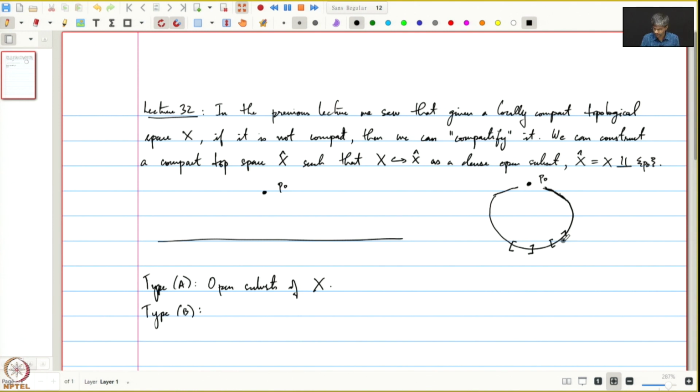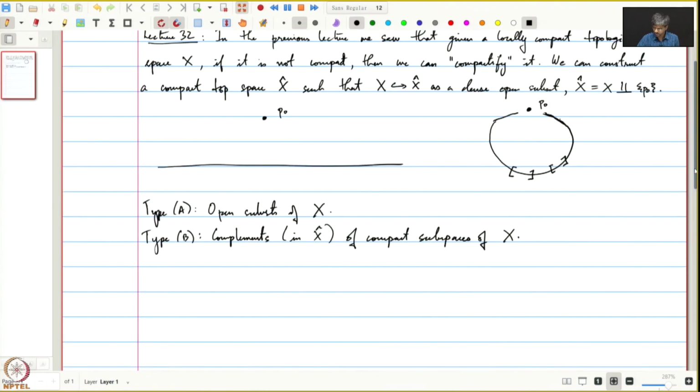That is going to be compact, and we just take the complement in X hat of compact subspaces of X. In other words, the open subsets which contain P naught are exactly complements in X hat of compact subspaces of X.